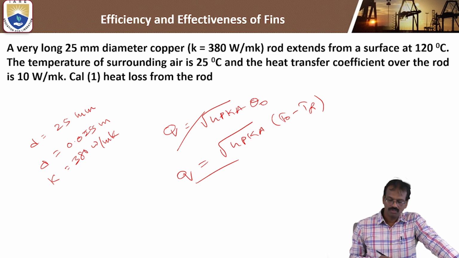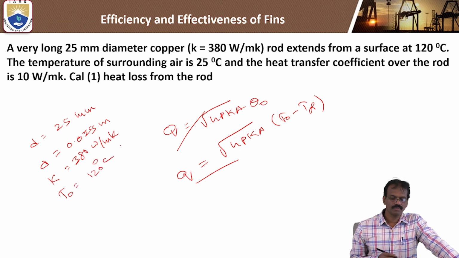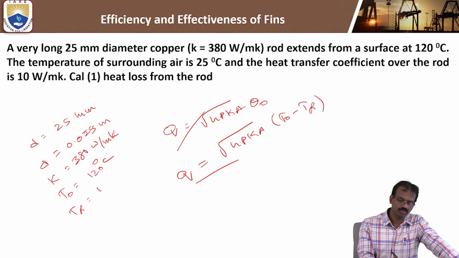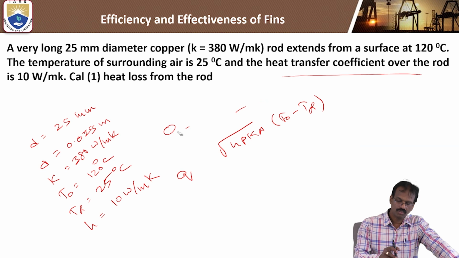Extended from a surface, the base temperature T naught is 120 degrees Celsius, and the ambient air temperature T infinity is 25 degrees Celsius. Heat transfer coefficient h is 10 watt per meter Kelvin. We have to find the heat loss Q value.